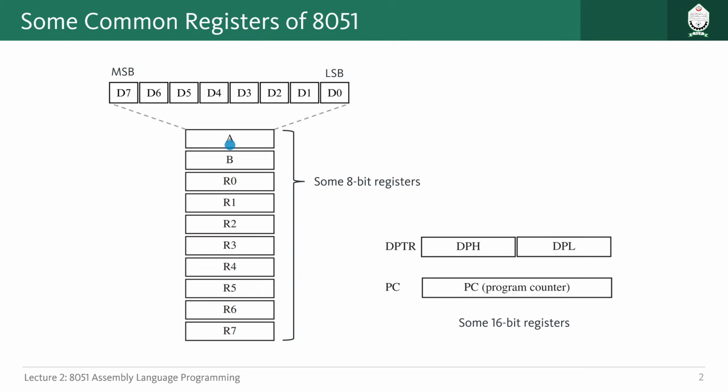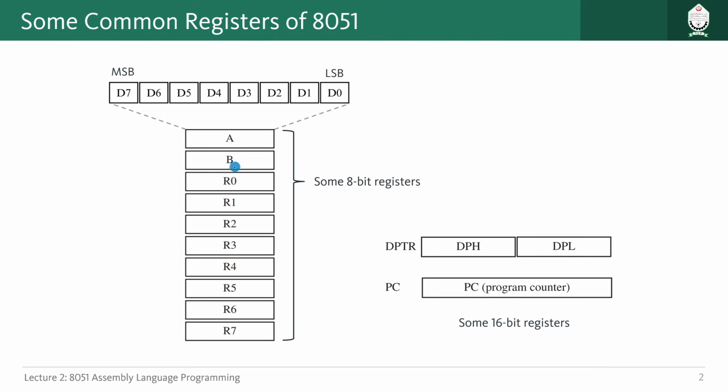From your knowledge from third semester in SAP 1, we learned about the accumulator or register A. All kinds of arithmetic operations were done with the help of register A, and after that arithmetic operation the result was also saved in register A. So that was the idea. It has a bit more responsibility compared to the other registers, as you will see.